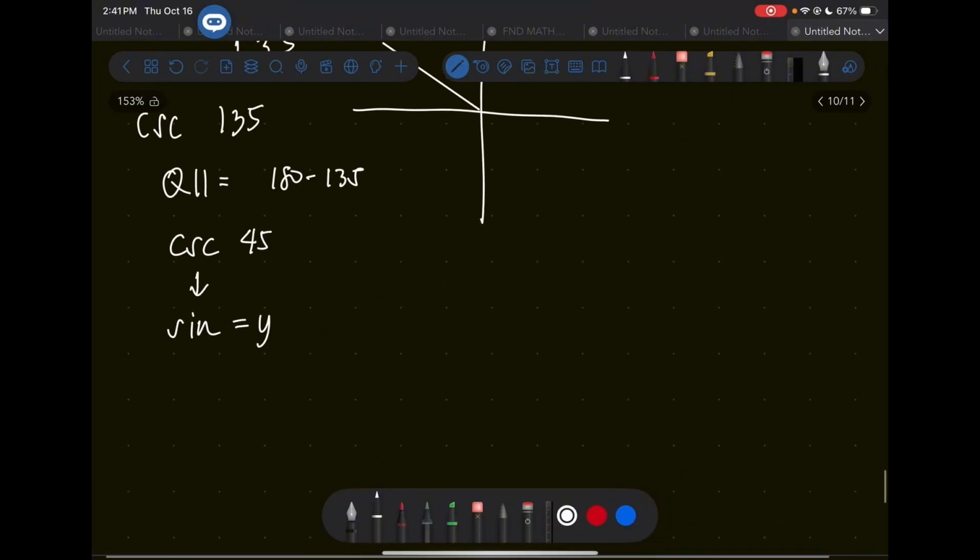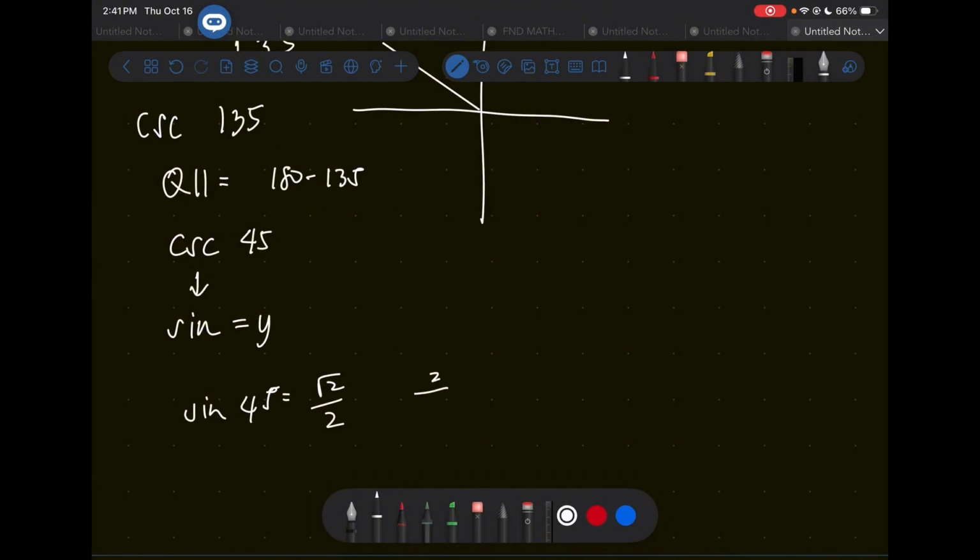So what is cosecant 45? First, sine 45 is square root of 2 over 2. Just take the inverse, so 2 over square root of 2, or the reciprocal rather. And then we're gonna rationalize it. It's gonna be 2 square root of 2 over 2. We can cancel these.